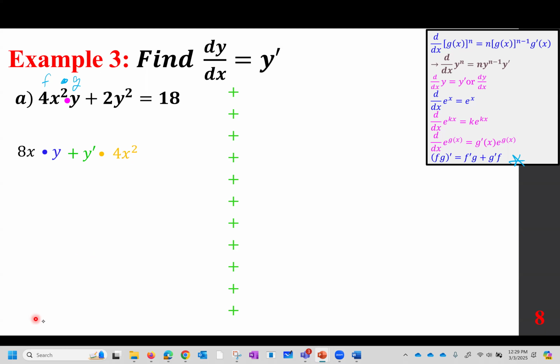And right here, what we are looking at, everybody, is f prime g plus g prime f.